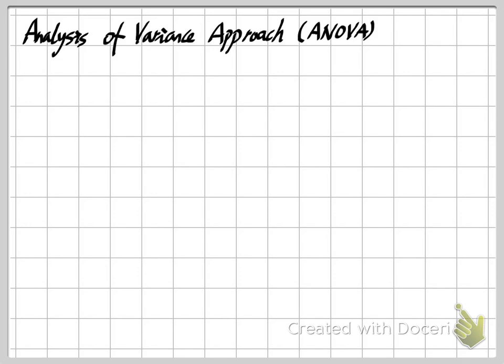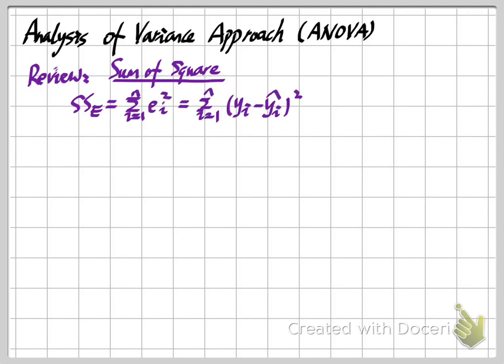Here I just give quick equations for our three sums of squares. I use the purple color for the recall and review part. The first one is S sub E, the sum of squares for our error term. The equation is the sum of the squares of our error.